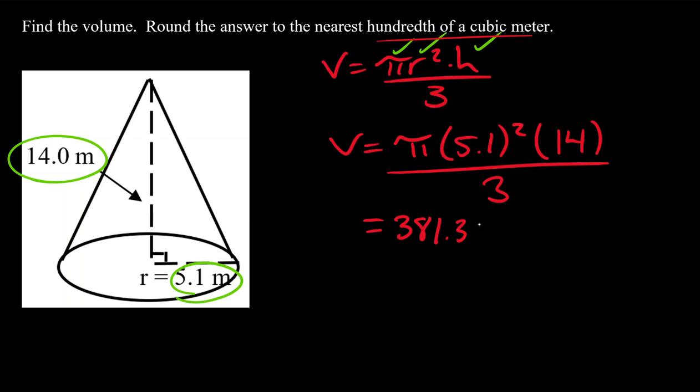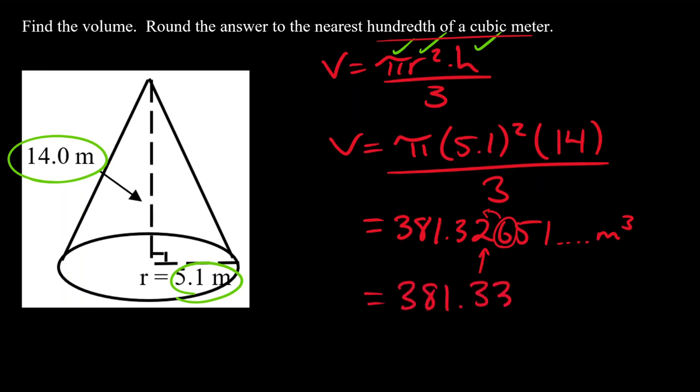It was 381.32651... meters cubed. Our hundredth is right here, that's the 2. Since the next value is a 5 or higher, we have to round it up to a 3. So this will be 381.33 cubic meters.